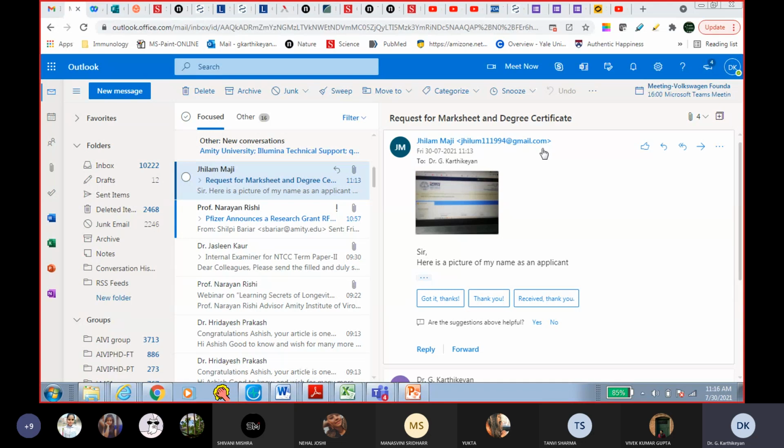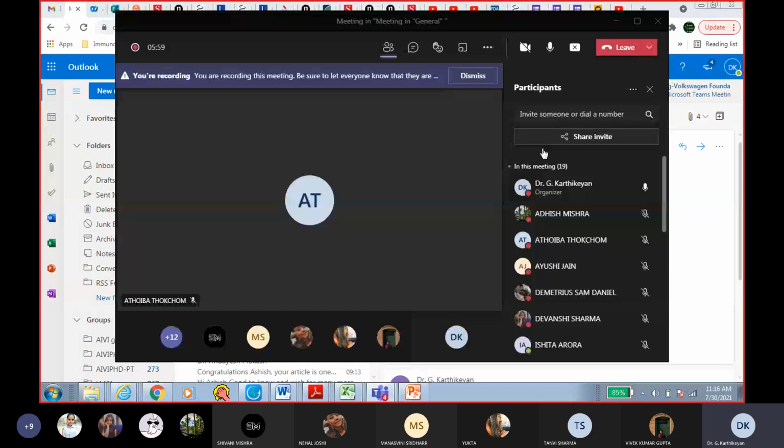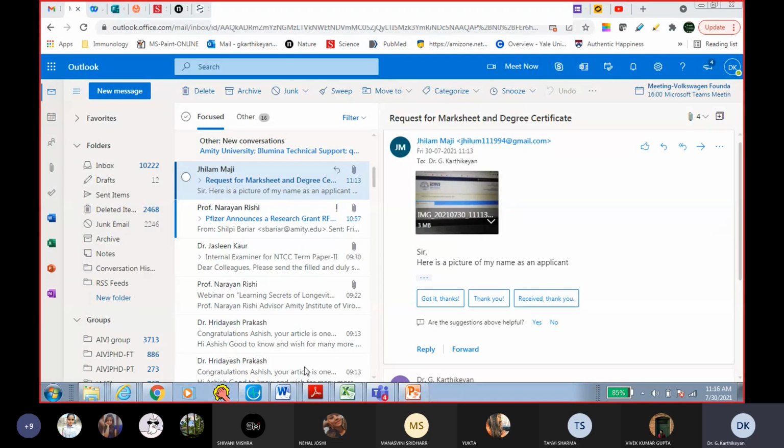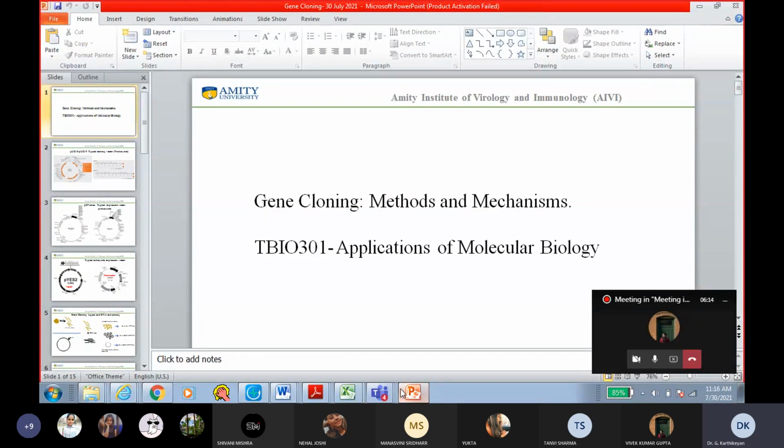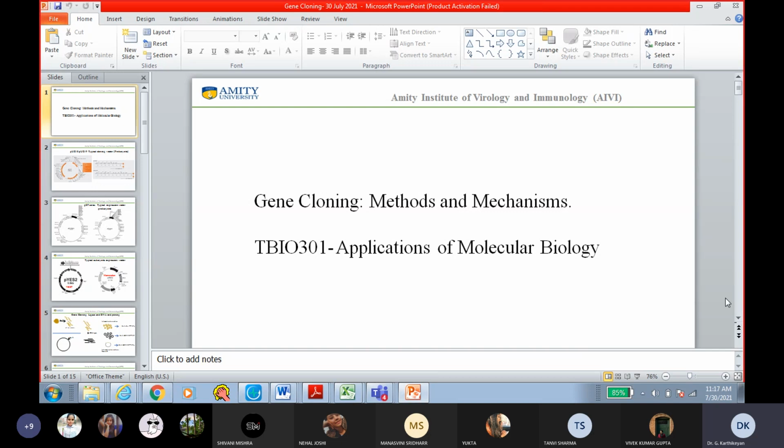Typically when we talk about gene cloning, as I said in my previous class, the most common thing is people use certain enzymes and certain techniques, but there are a few other neat techniques that have replaced the classical way of cloning. So we're going to look at the methods and the mechanisms. Is my slide visible?